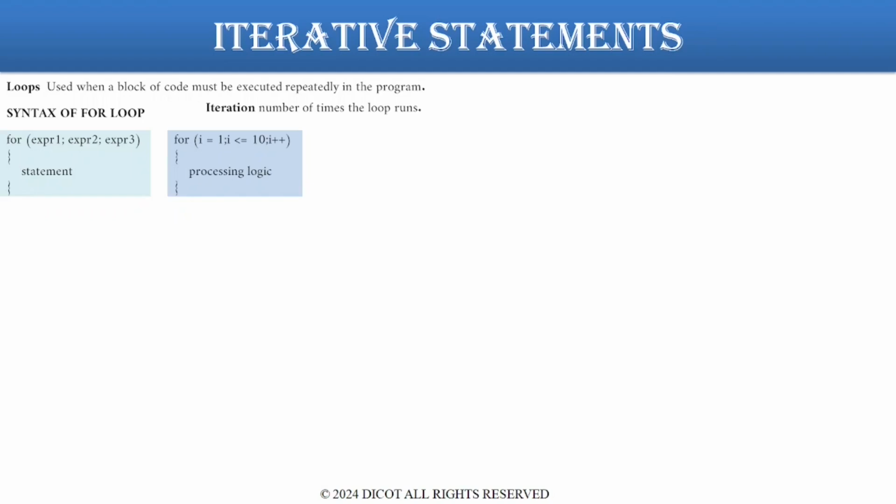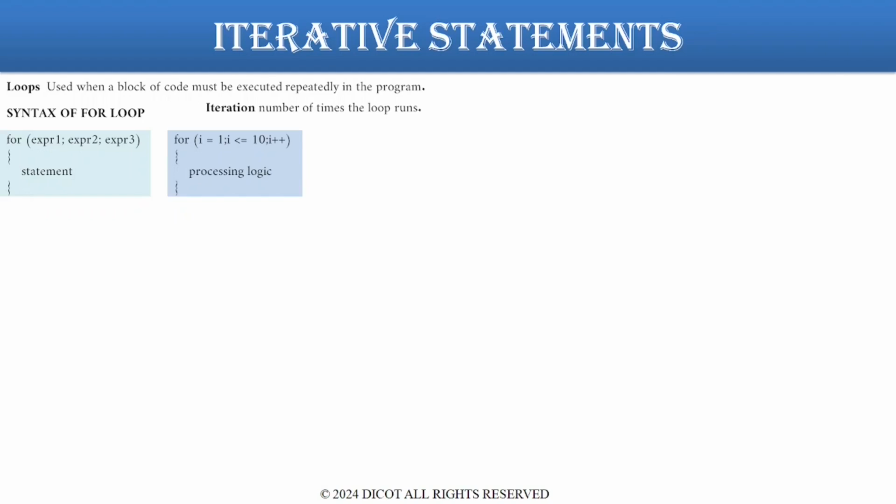And how do we go from 1 to 10? By incrementing i using the statement i++. In every iteration, we check if i is less than or equal to 10. Until that condition is true, we execute the loop, and we terminate the loop once the condition becomes false.